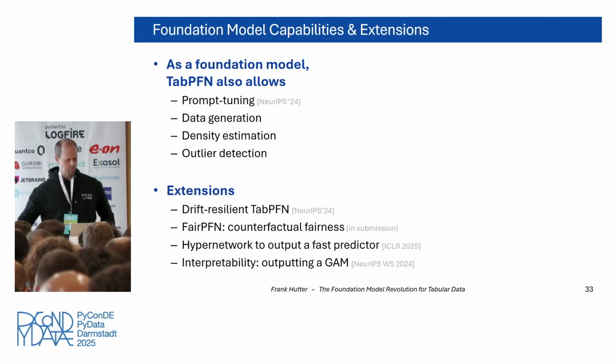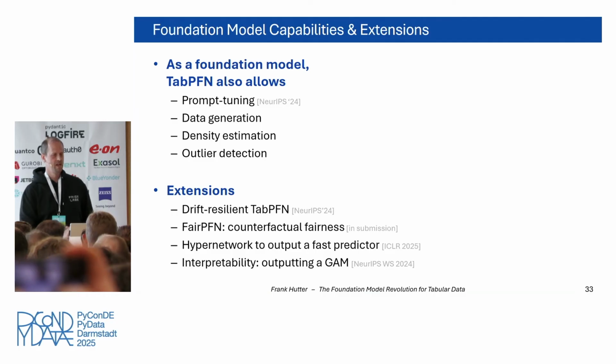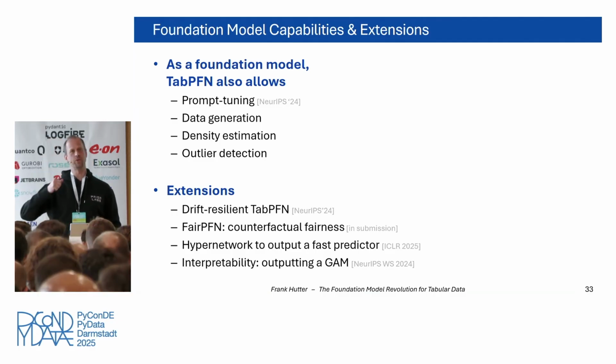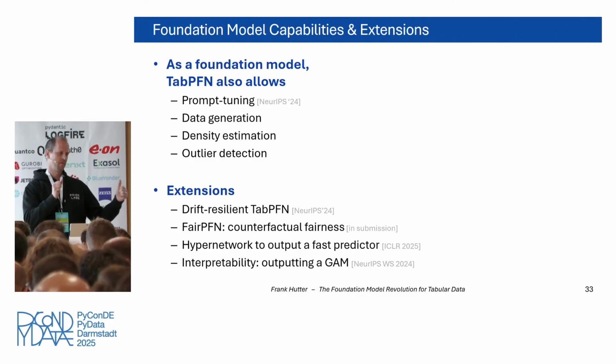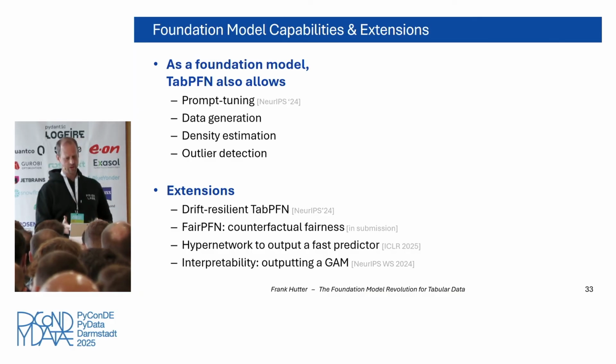You can also do prompt tuning, data generation, density estimation, outlier detection. We have a drift resilient version. We have a counterfactual fairness version. And you can even go further and output hypernetworks, or output a neural network that is particularly good for this one data set so that you get faster inference. Or you could output a GAM for your neural network.